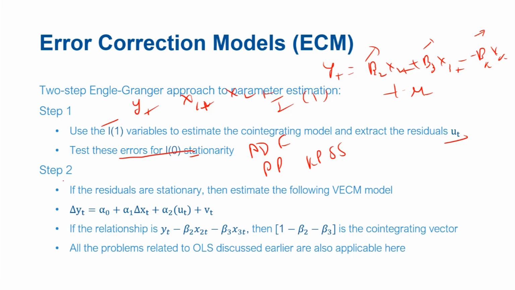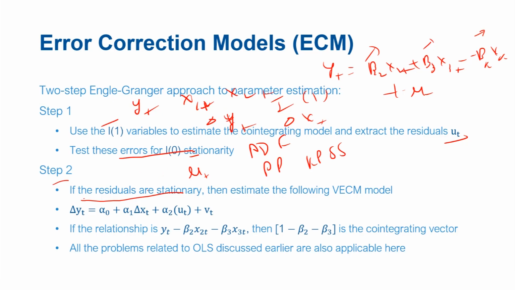In the next step, we proceed only if the residuals are stationary. If you find that residuals are not stationary, indeed they are I1, then you can only find the short-term relationship by estimating the first differences in yt, delta yt, delta xt and so on. So you have to find the first differences, and only a short-term relationship will exist.